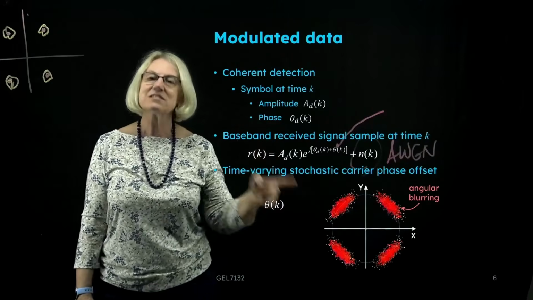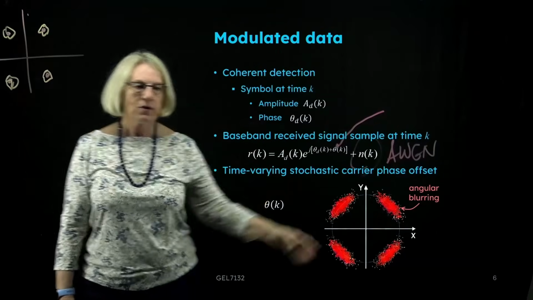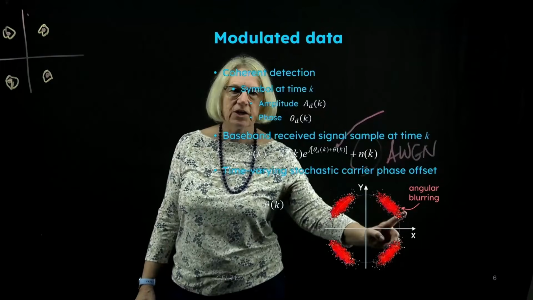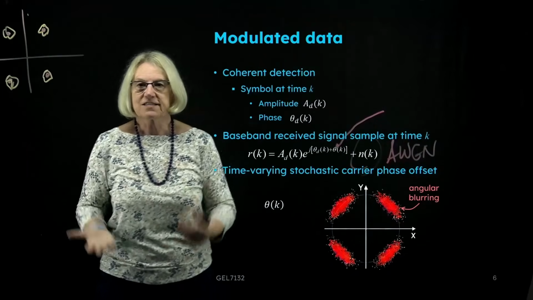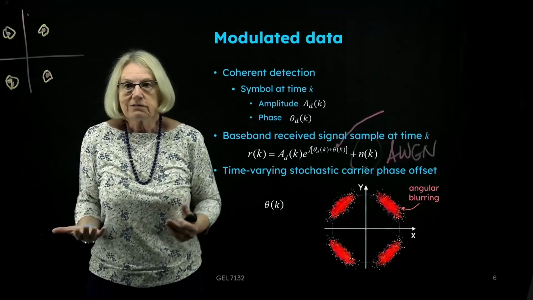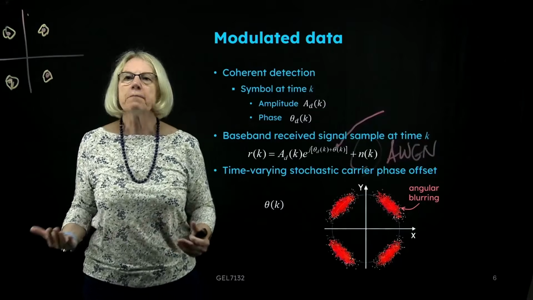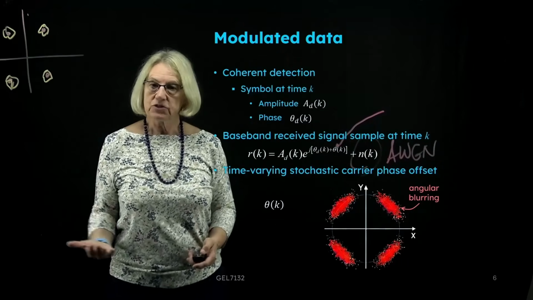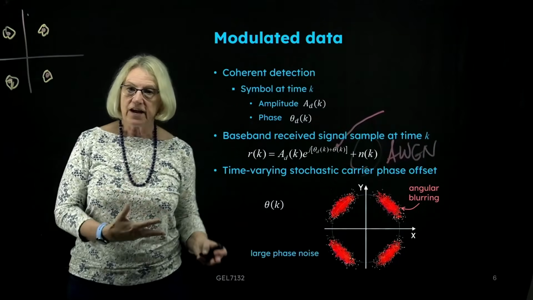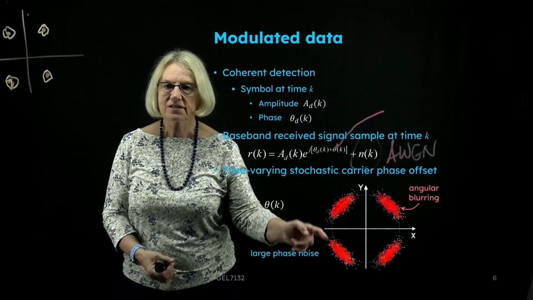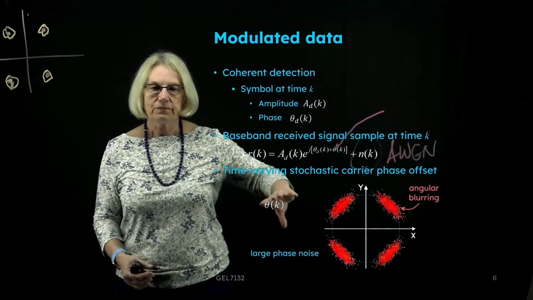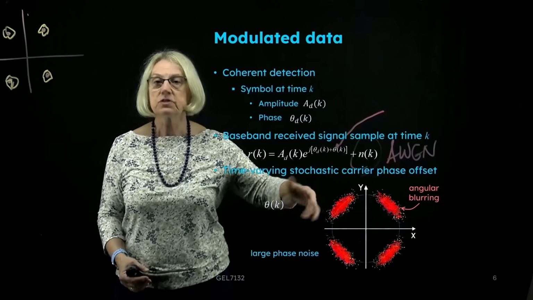But what I see here is very, very different. What I see now is what we call angular blurring. In the angle itself, I'm starting to get some distortion. It's becoming less clear what was being transmitted. Now this is a fairly large phase noise, and we can see that this distortion is starting to impact my symbol decision.